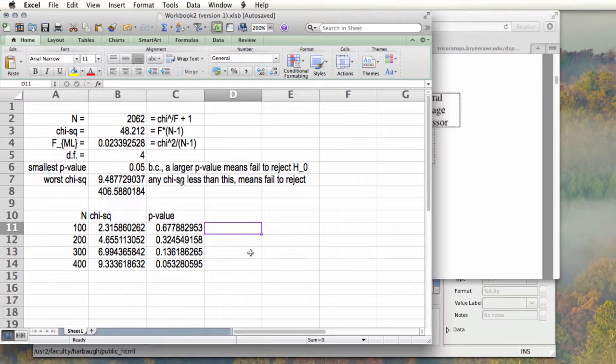Clearly, I'm not going to reject with that p-value. I could have even gone up to a sample of 400 and gotten 9.33. My p-value would have been 0.053, still above 0.05. I failed to reject.